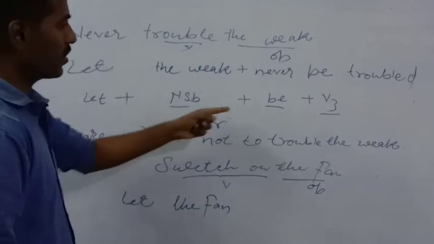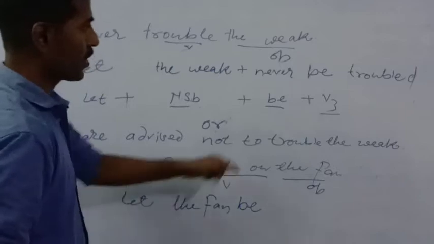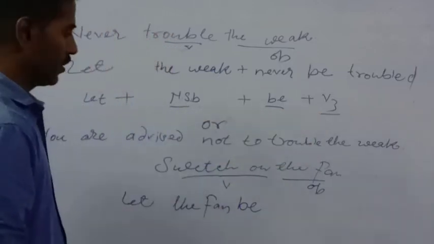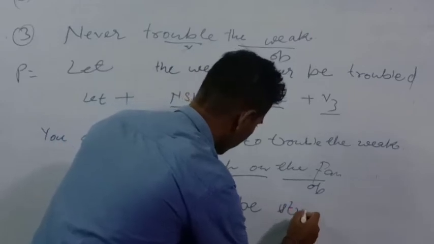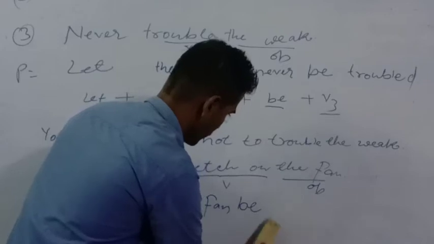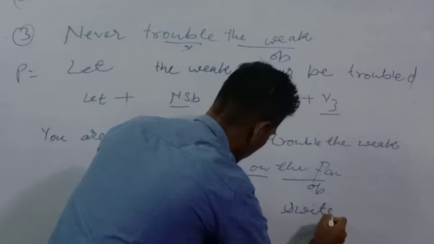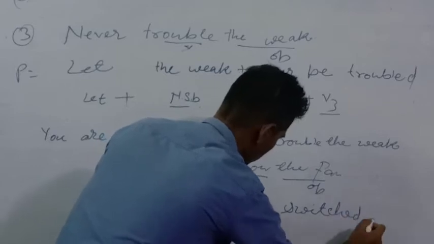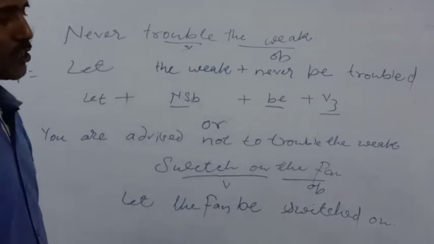Then after that, what do you need? Be verb. So let the fan be. Then after that, what do you need? V3. So switch, V3 is switched. Sorry, I'm feeling sleepy, I guess. Switched on. Okay, let the fan be switched on.